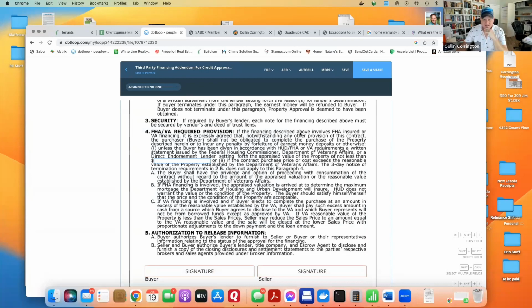If the financing described involves FHA or VA, by the way, it's only those two, it is expressly agreed that notwithstanding any of the provisions of the contract, the purchase is contingent on a statement setting forth the appraised value of the property of not less than... Guys, how much am I trying to buy this property for? $1 million. What I'm saying here is it has to appraise for $1 million. If it does not appraise, I'm out.